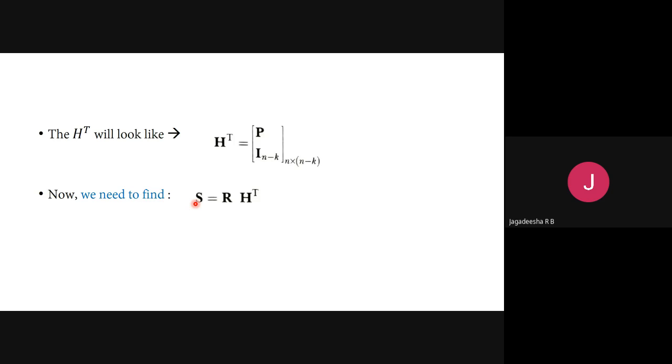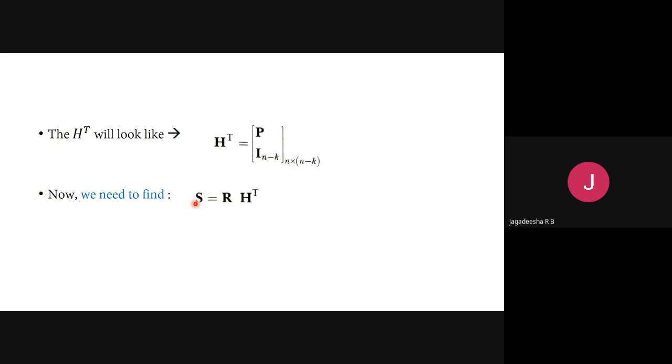That is error detection, not only error detection, error correction also. If you know where the error is, then you can take suitable action. You just need to flip. If the second position has an error, that means you need to change the second bit. Changing the second bit means if it is 1, make it 0. If it is 0, make it 1. Because only two possibilities we have. We are dealing with binary data.